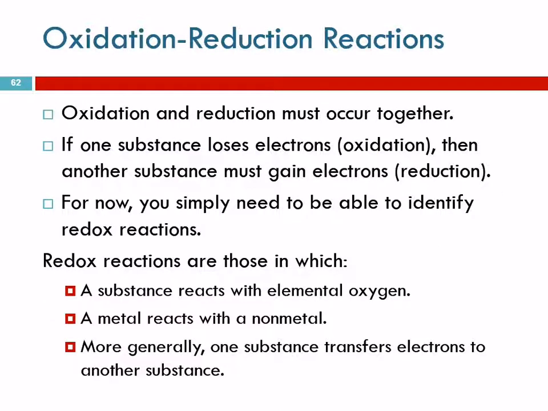We have to have oxidation and reduction occurring together. If one substance loses electrons, another substance has to gain them. You can't just have electrons appearing or disappearing, and the electrons are not going to just go off by themselves either.